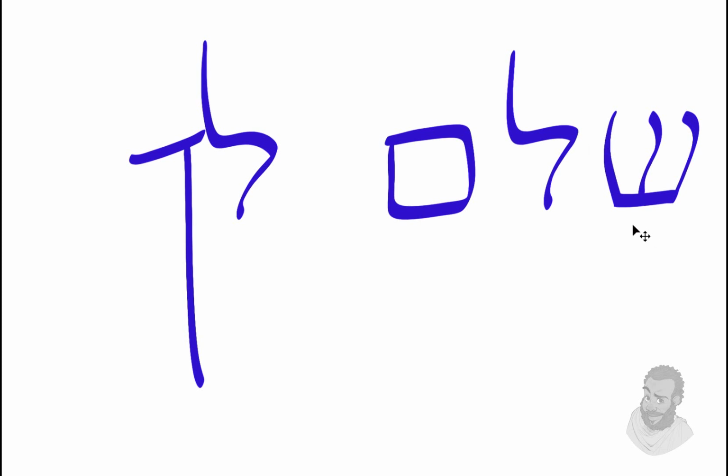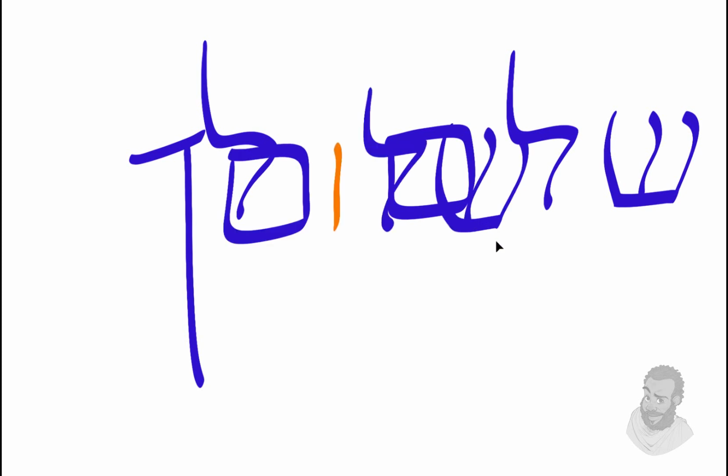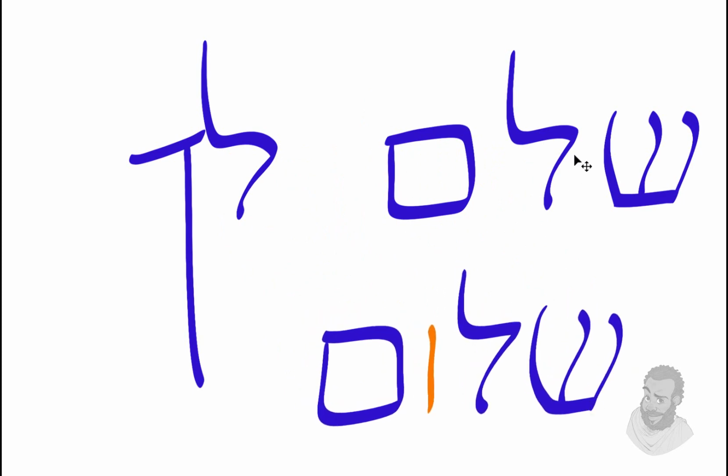You can have ah, ah, ah. What happens when the wow is missing? It becomes a different word. So you have wow, no wow, wow, no wow. The good thing about this says shalom. Sha, lom.